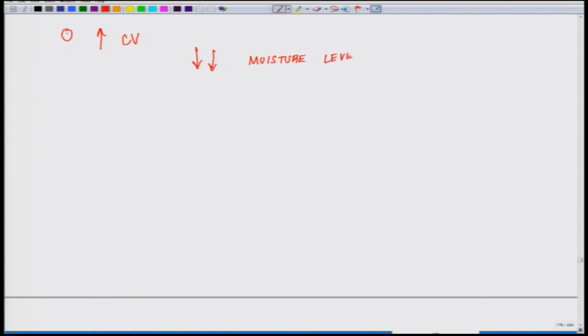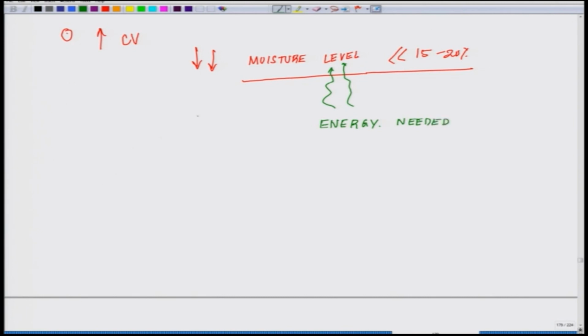So, reducing the moisture level to something less than 15 to 20% is a challenge, but as you people remember in the last class I said the very moment you wanted to do this, reducing moisture level, you are talking about energy input, and there are suggestions which have been made and which are being followed. Energy needed, this can be achieved by using a lot of waste heat. Moisture level reduction could be done by waste heat, which comes out from gasifiers.